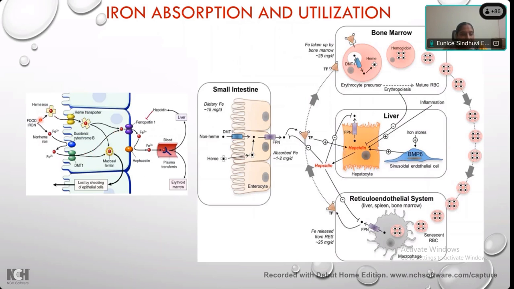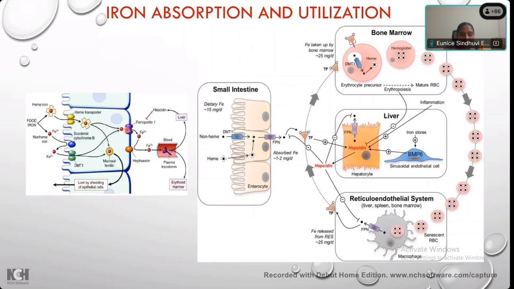In the same way, animal proteins contain a lot of heme iron. This heme iron can be transported into the enterocyte using a molecule known as the heme carrier protein. This heme is then broken down, and the iron is transported out through the only known iron exporter, ferroportin.